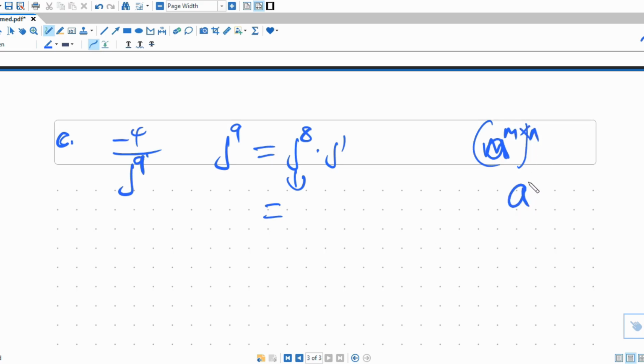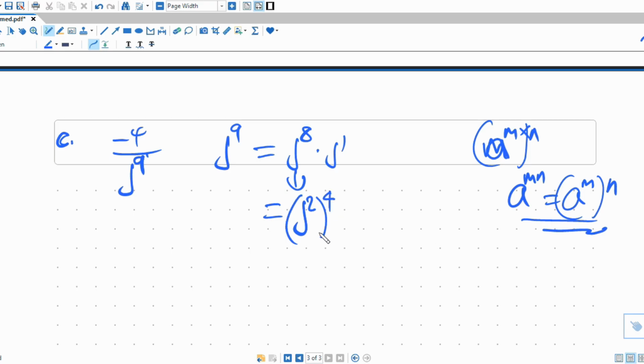So a raised to mn is the same as a raised to m, everything raised to n. So this is what we're going to employ here to split j raised to 8 in terms of j raised to 2. So I shall have here j raised to 2, everything raised to 4, because 2 by 4 equals 8. And of course, this one is multiplied by j raised to 1.